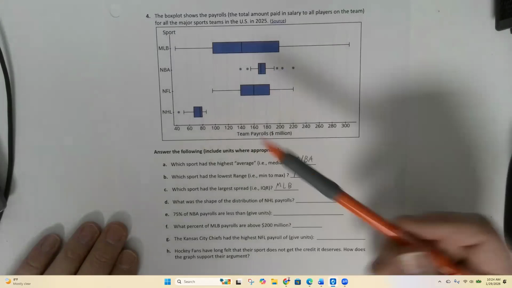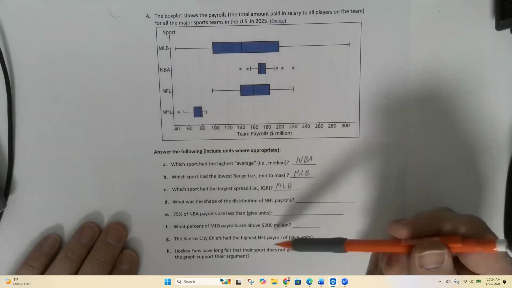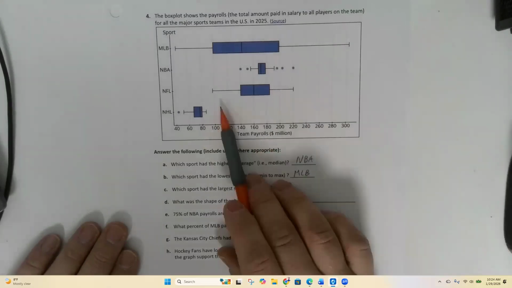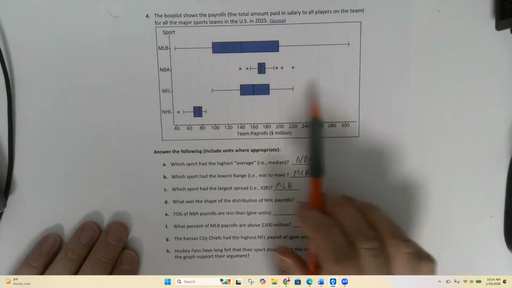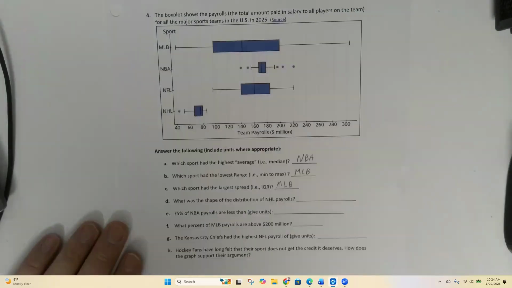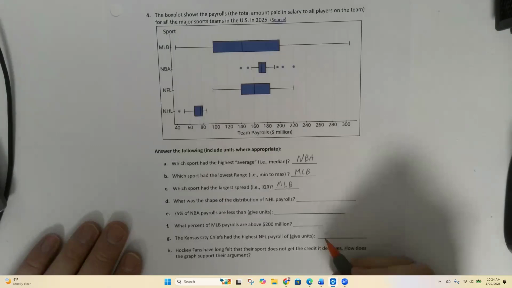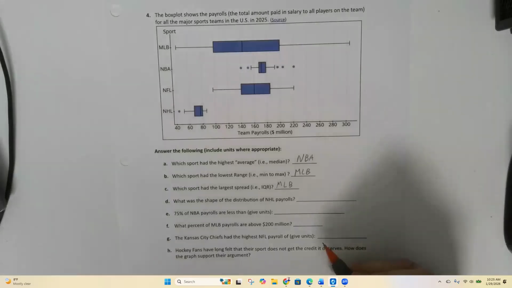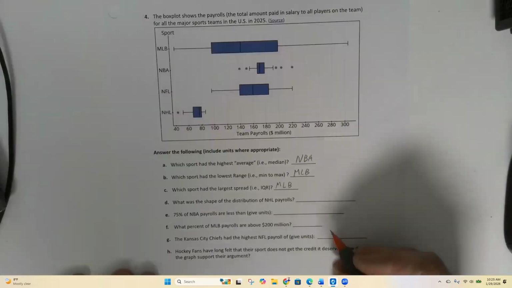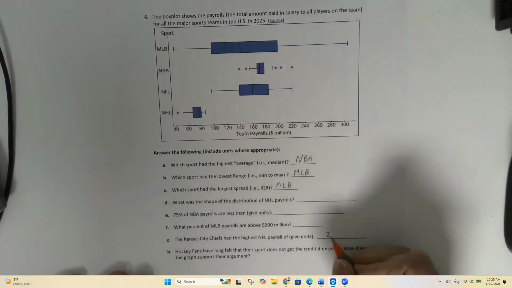So they said that that is the highest payroll. So how would I measure that? What number is this for part G? $220? Yes, you got it.